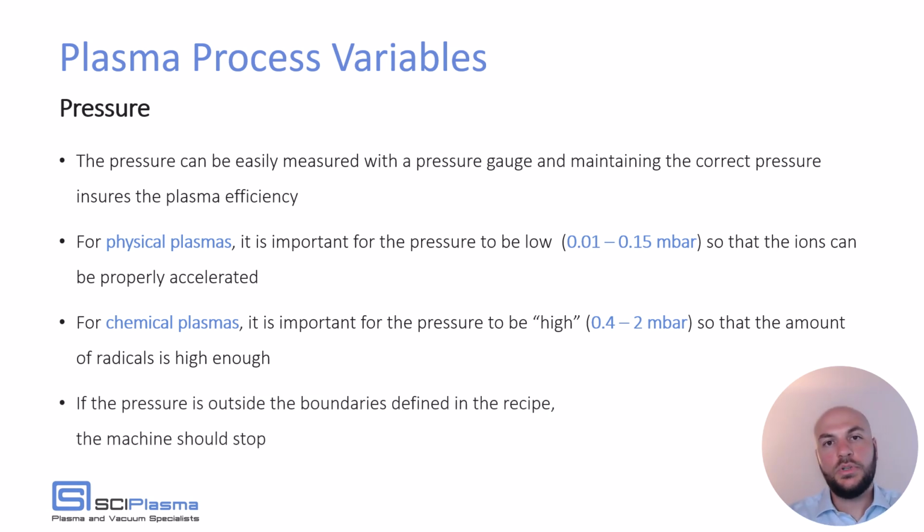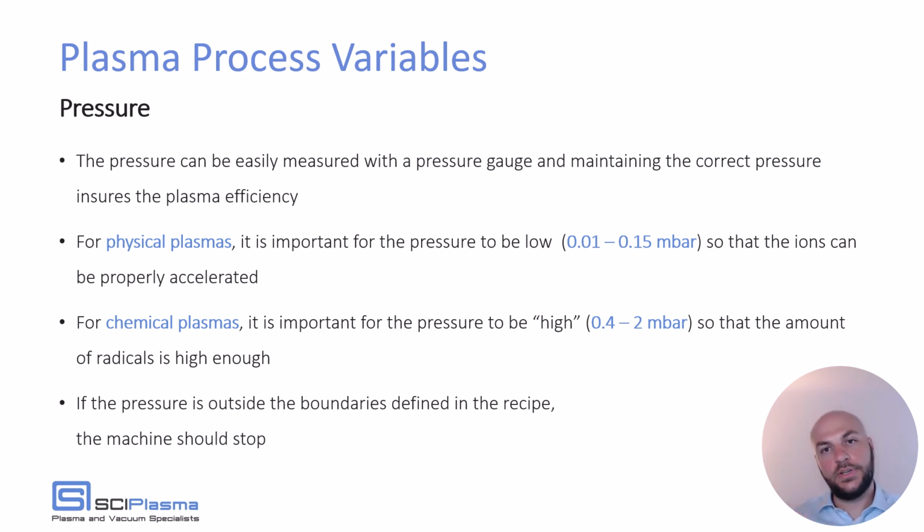So in general, what we need to do, no matter the type of plasma that we have, the configuration or the end result that we want, monitoring the pressure is extremely important, and staying in the good ranges is very, very important.